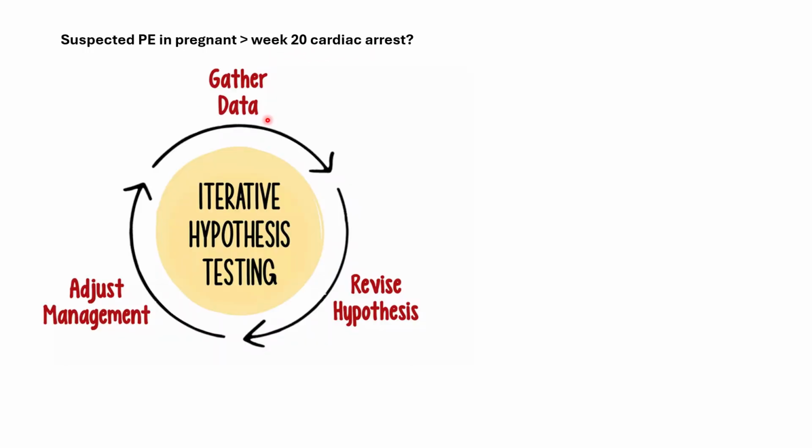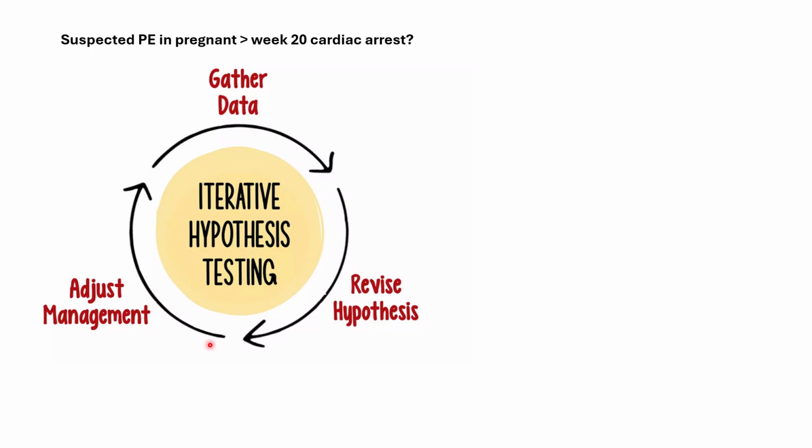Let's say you have a suspected PE in a pregnant patient who is week 20 or more than week 20 and in cardiac arrest. So you don't have too much time to gather data, revise your hypothesis, and adjust management. This is the cycle that we do in the syndromic treatment that I've been talking about. You gather data. Okay, we got the 3 data points that made our constellation of anaphylaxis true.